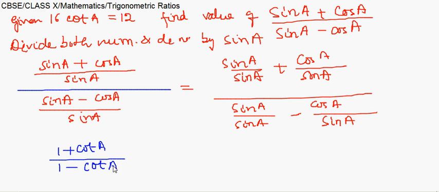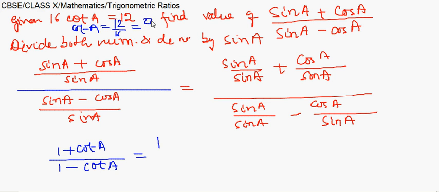It becomes simple now because I'm directly given cot A. But once I find the answer, you can do your calculation. If you cannot think it this way, find the sine A and cos A from the information given as cot A, substitute them and check if you are also getting the same answer or not. Now I can write cot A from this as 12 upon 16. I'm not reducing it because later on somehow I can do it here as well.